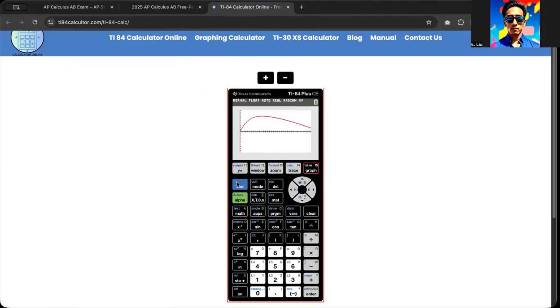And what we can also do here now is go to second, calculate. We're going to calculate the value. We're going to put in 11.441, and you can see that is our maximum.